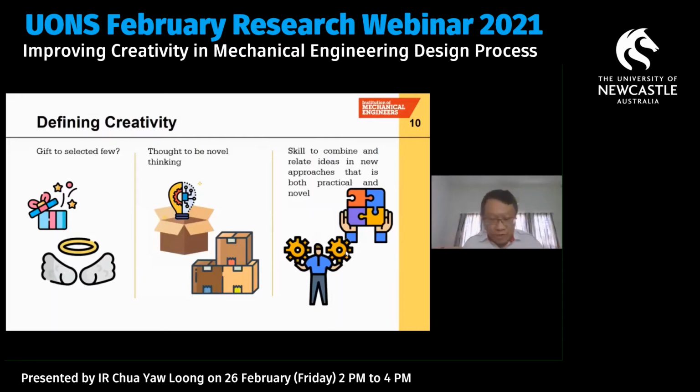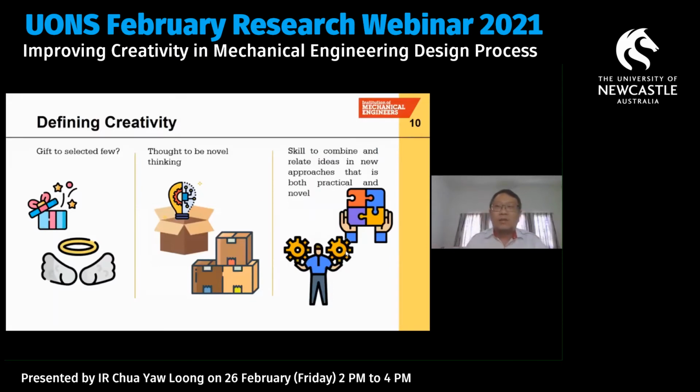Then recently, researchers have managed to identify and categorize that creativity is basically a skill. It is a skill to combine and relate ideas in a new approach that is both practical and novel. The words here: practical and novel.